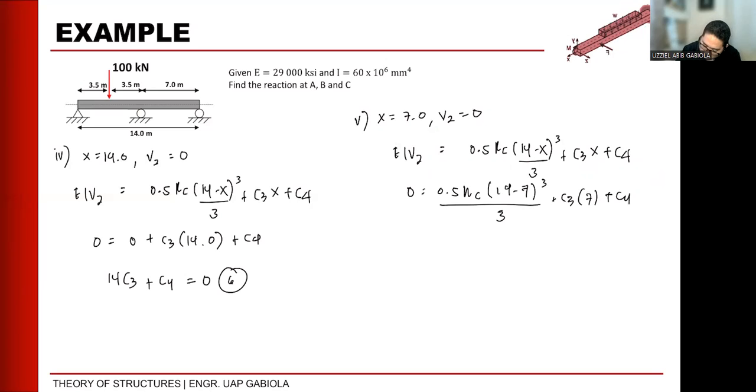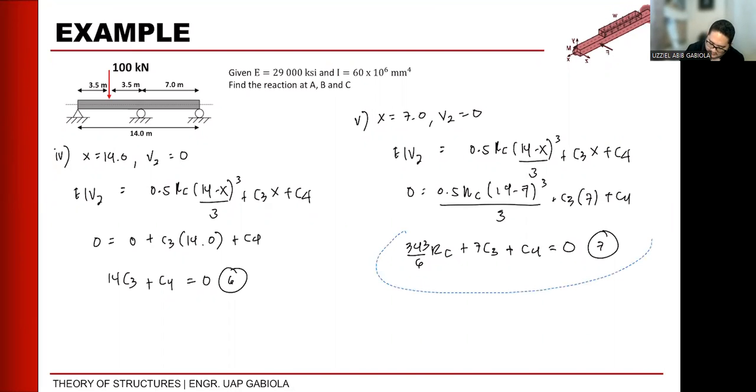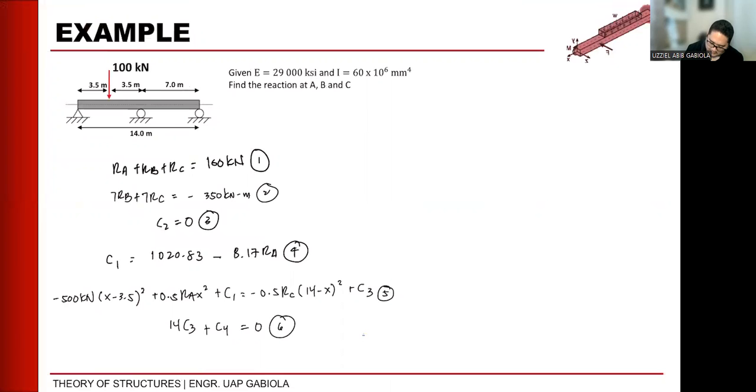Okay, so we have 0.5 times 7 cube over 3. That is 343 over 6 RC plus 7C3 plus C4 is equals to 0. So ito yung ating seventh equation. Ayan.